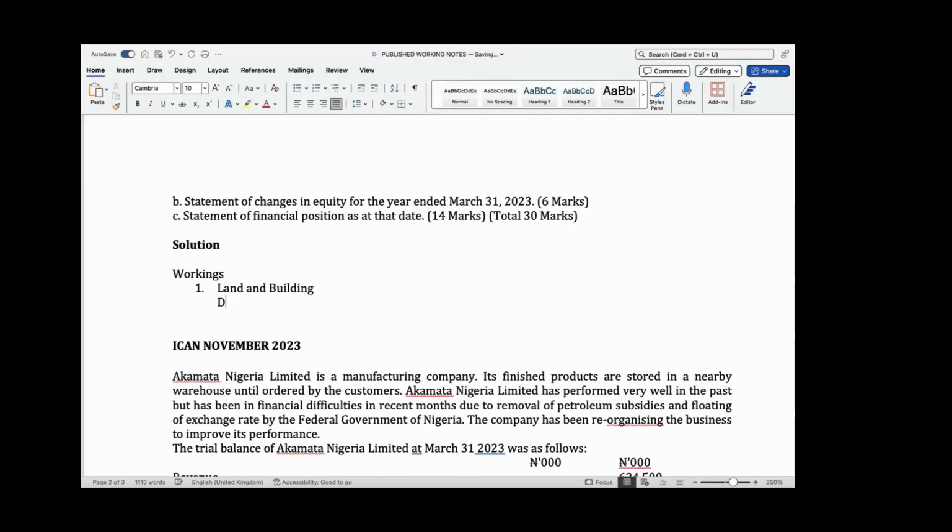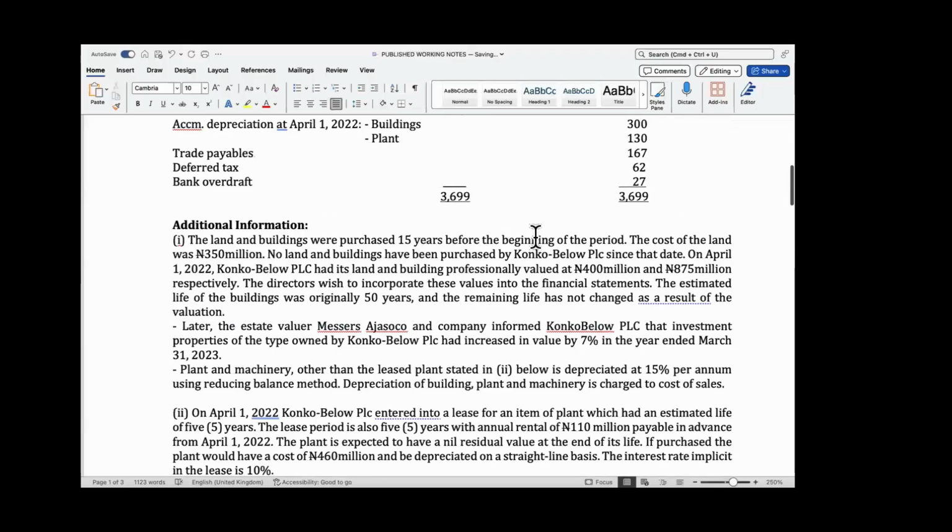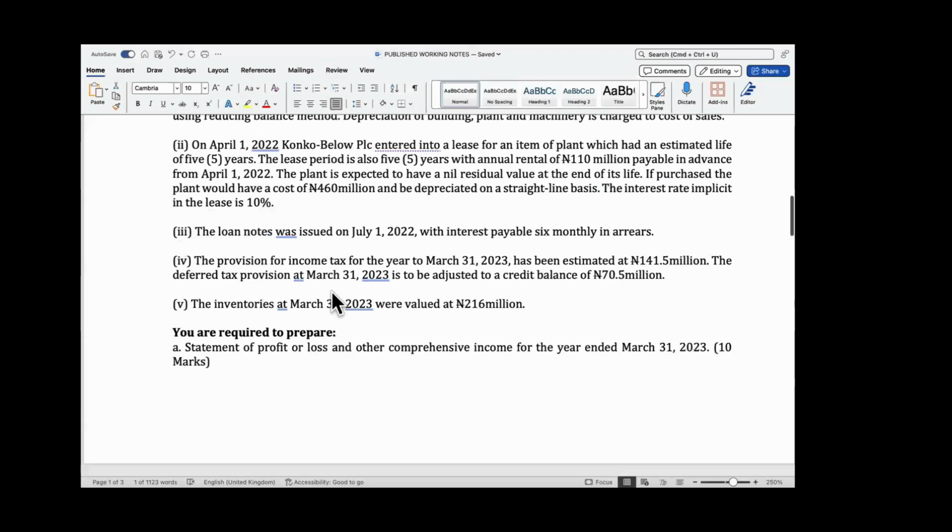The first thing I need to do is to determine the revaluation surplus or deficit on this land and building, which is determined by comparing the fair value of the land and building. Let me just sum it together. From the question, the land 400, the building 875. So what's 400 plus 875? That should be 1275, if I'm not mistaken.